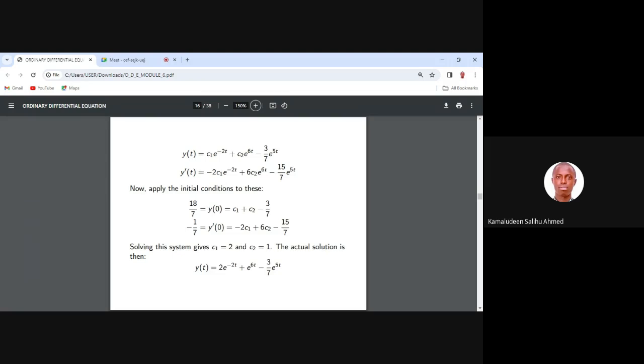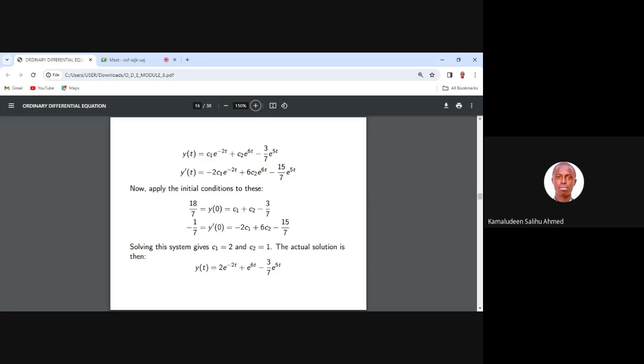So you can solve this using matrix or any of the methods you've learned so far in solving simultaneous equations. After solving it, your C1 will be equal to 2 and C2 will be equal to 1.